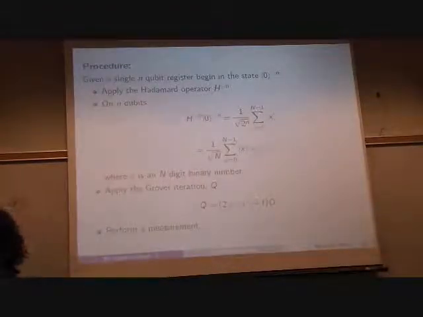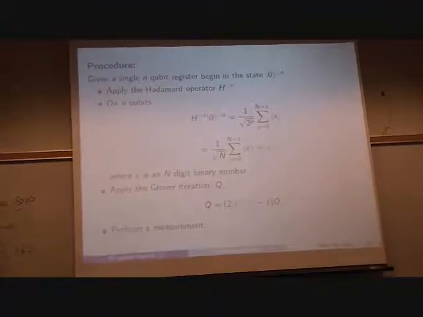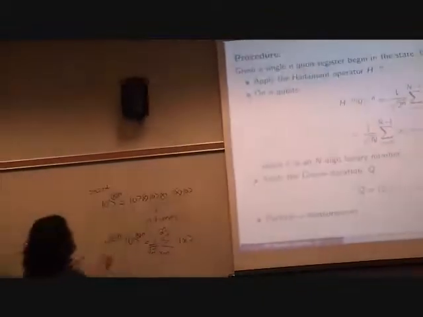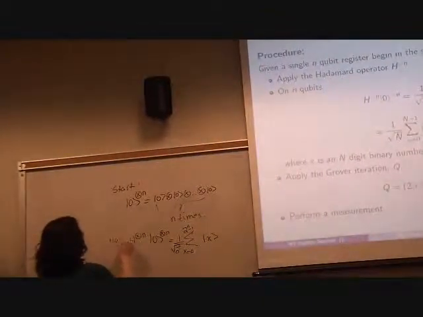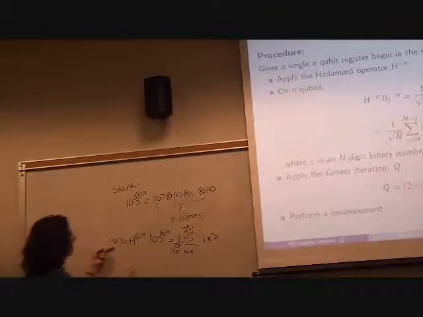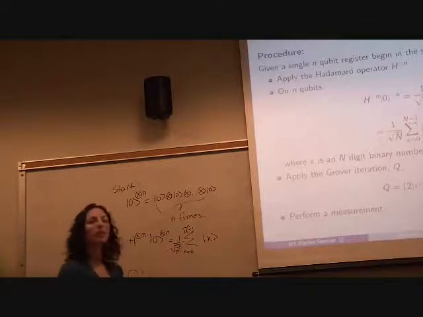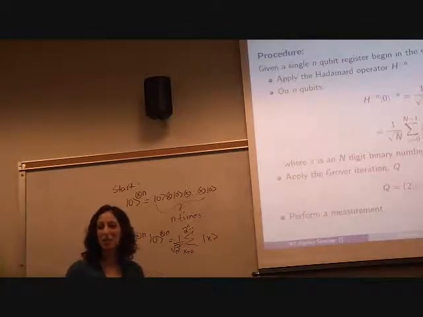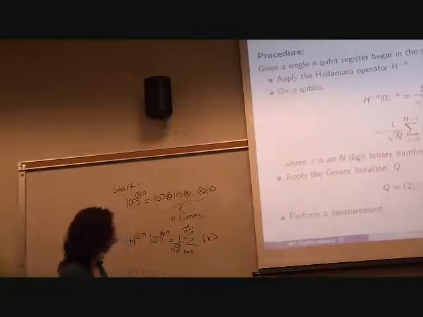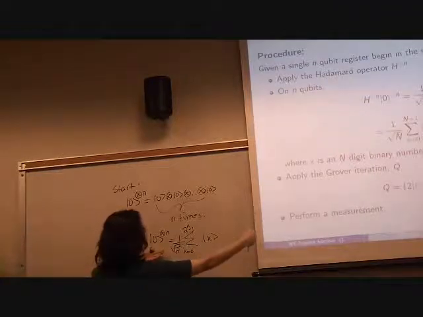And so what happens is the following. Let's give this a name, Q. Once we apply our Q to this, remember how that oracle was flagging the solution, or solutions, depending. What happens is we have this giant sum.